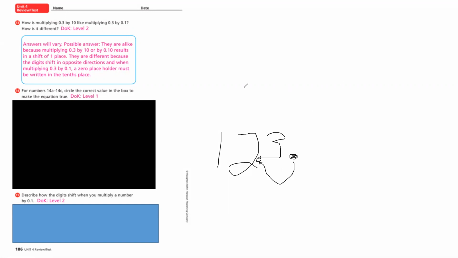The author likes to say if you have 123 and you get multiplied by 1/10, everything moves over 1. So he likes to look at it like the digits jump over a spot. I don't like to focus on the digits. I like to focus on the decimal because it's an easier way to work your math problem out. If we focus on where the decimal's going, it's going left. If we focus on where the digit's going, it's going right. So that's where it's a little confusing.